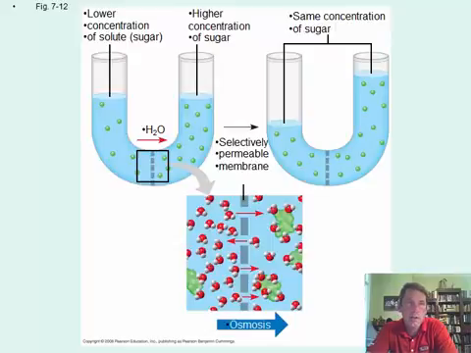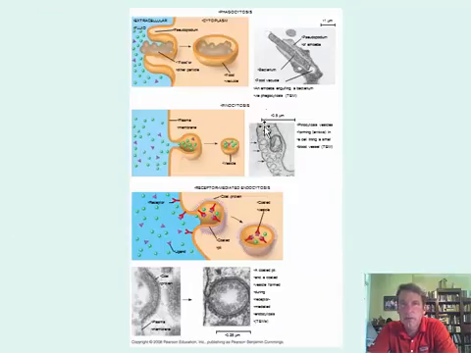So again, this is where the cell is going to take in larger material. Here are some examples. This is an example of endocytosis. This is taking in food material. This is an amoeba. So this food material is taken from outside the cell of this amoeba, and it pulls it in, and when it pulls it in, it forms a vacuole around it.